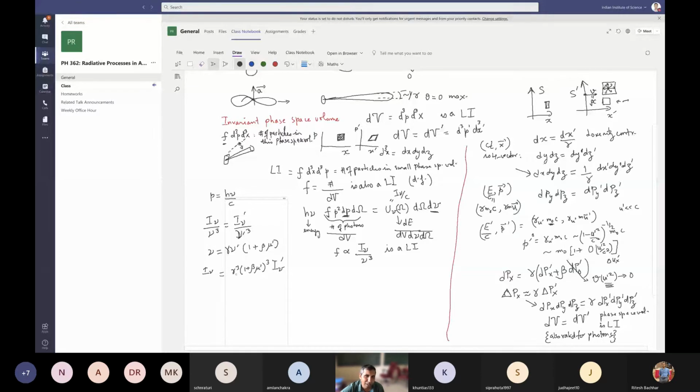So this is actually similar to these formulae. If you recall, we had dP radiation by d omega in the lab frame, and how does it relate to dP radiation by d omega in the prime frame. So these are actually analogous, right?